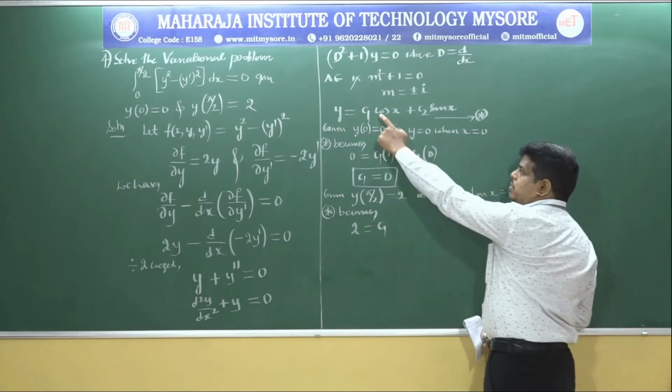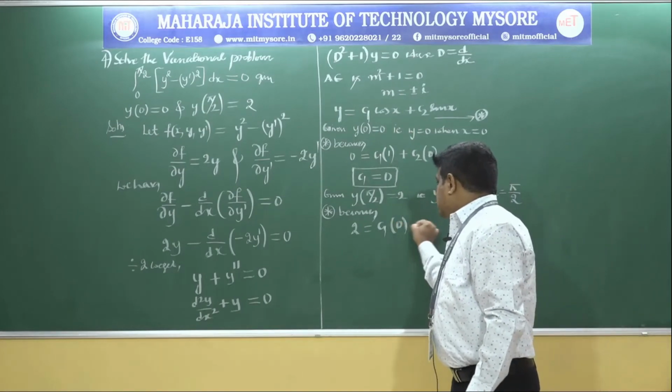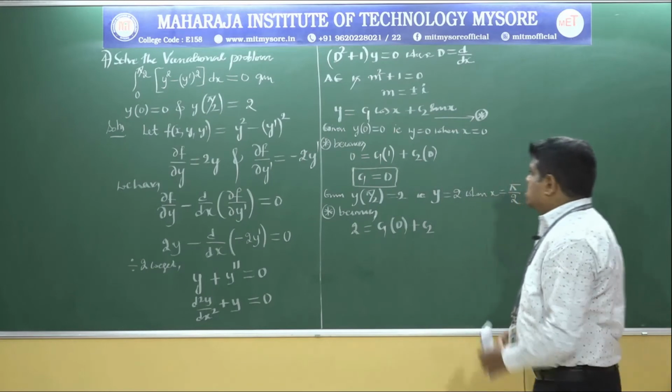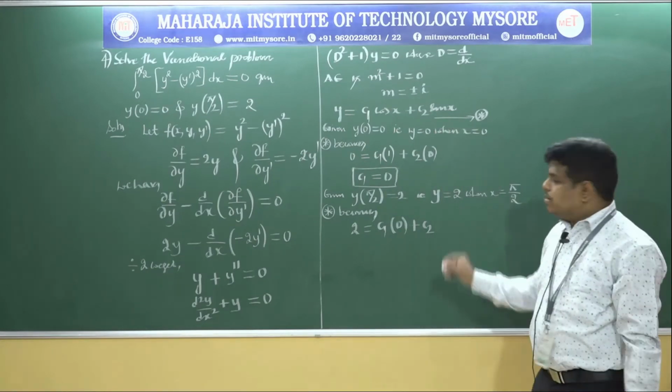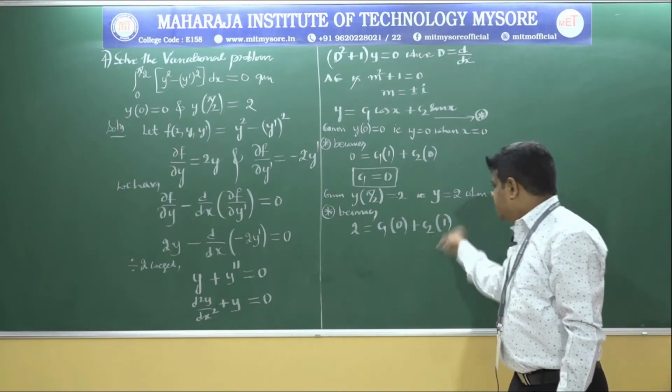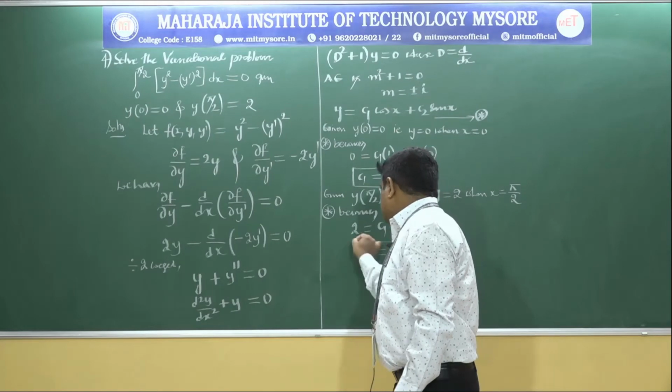When x equals pi by 2, it becomes cos pi by 2, whose value is 0. Next, plus c2 into sin x; when x equals pi by 2, it becomes sin pi by 2, whose value is 1. Therefore, on simplifying, you get c2 equals 2.